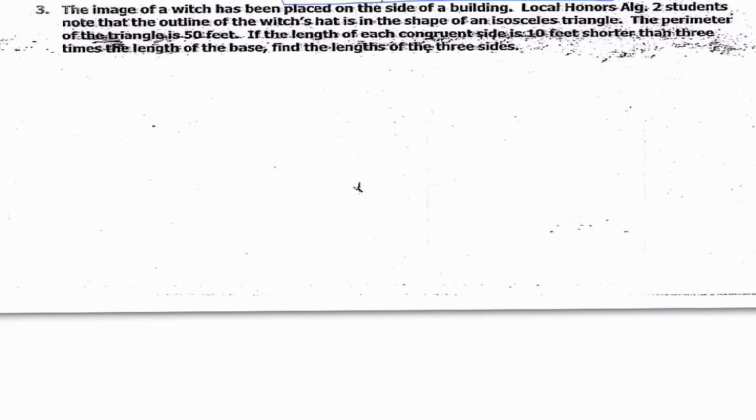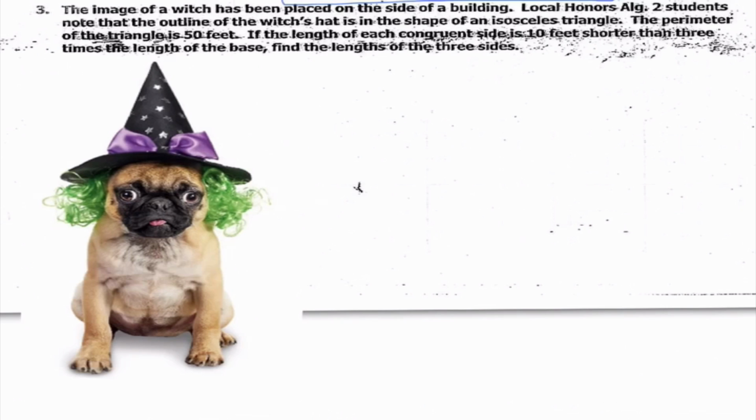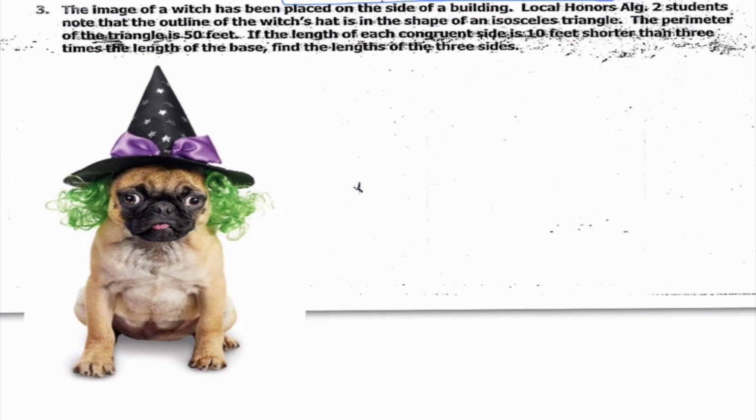Last but not least, let's do number 3. By the way, if you haven't noticed, these are all Halloween themed word problems, and that's because we're getting into October here, so just an FYI. Number 3, the image of a witch, and we're going to use this lovely dog with the witch hat on, has been placed on the side of the building, so we're going to pretend this is the building and we see this witch on it.